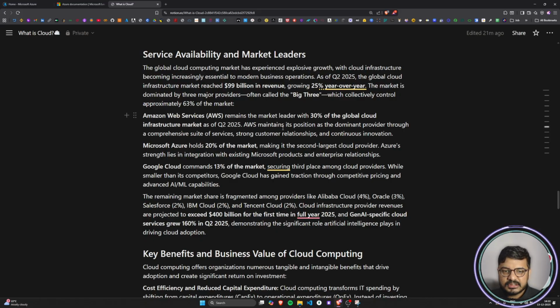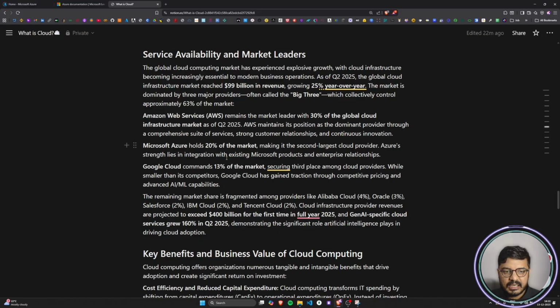Amazon or AWS maintains its position as dominant provider through a comprehensive suite of services, strong customer relationships, and continuous innovation. Microsoft Azure holds about 20% of the market, making it the second largest cloud provider.